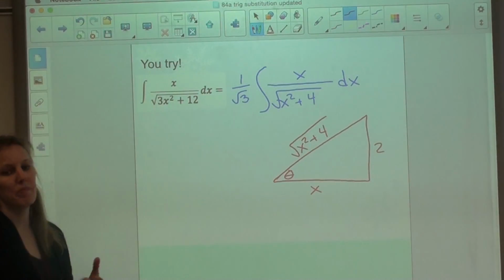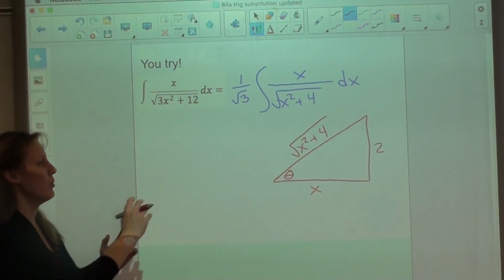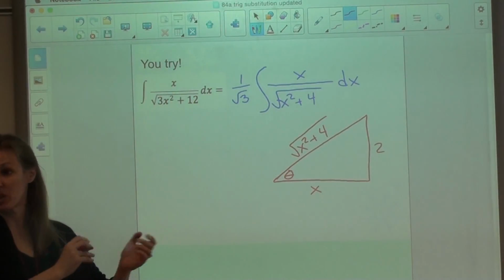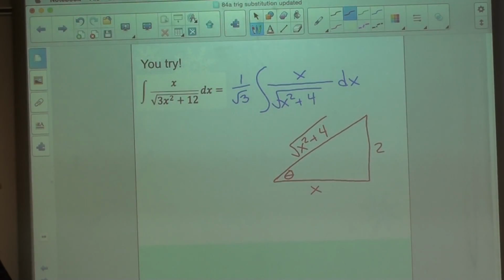Your answer or method might be different from mine depending on which side you put the x on and which side you put the 2 on. But it's okay. In the end, we'll all be the same. So it'll all be good.